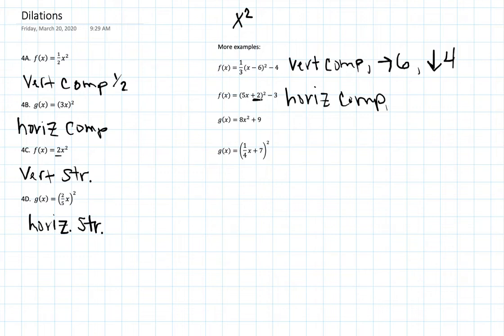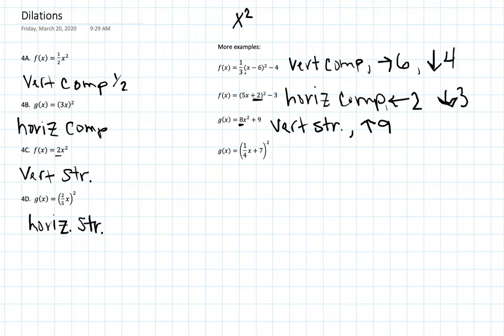This plus 2 is going to say left 2, and this minus 3 is going to be down 3. 8x squared plus 9, this 8 in front is going to be vertical stretch, and this plus 9 is going to be up 9.